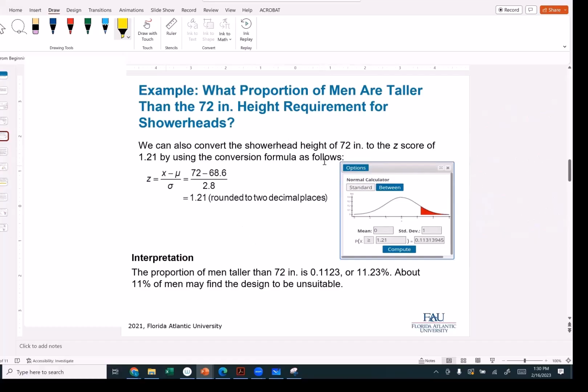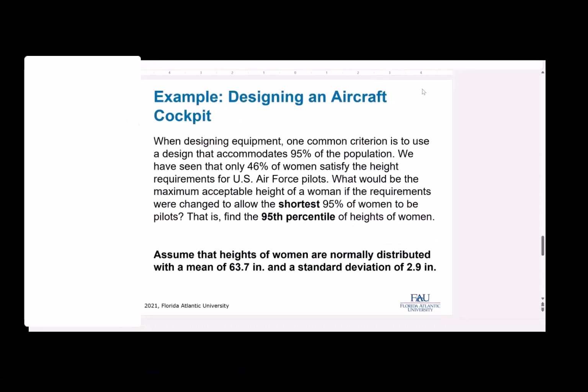For example, with the shower, the proportion of men taller than 72 inches, that's 6 feet tall, is 11.23%. That makes sense. There are people shorter than 6 foot tall, and there are people taller than 6 foot tall. But given all the information we have, 11.23% of men are taller than 72 inches.